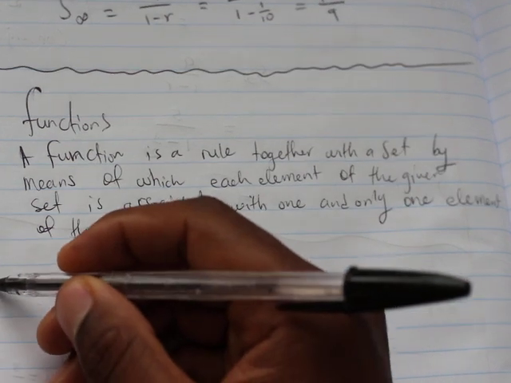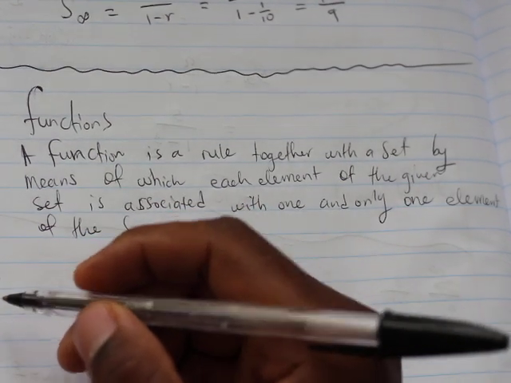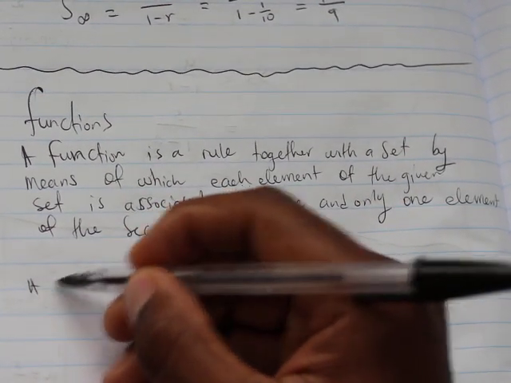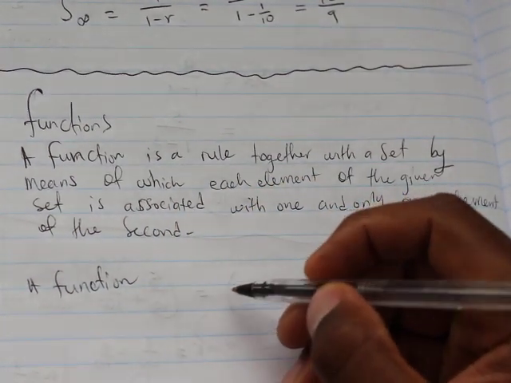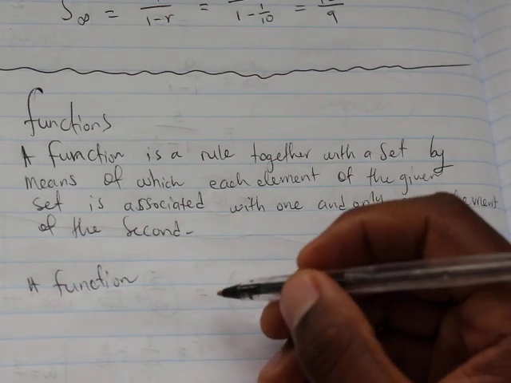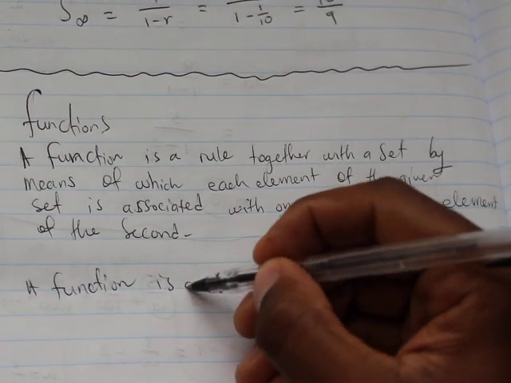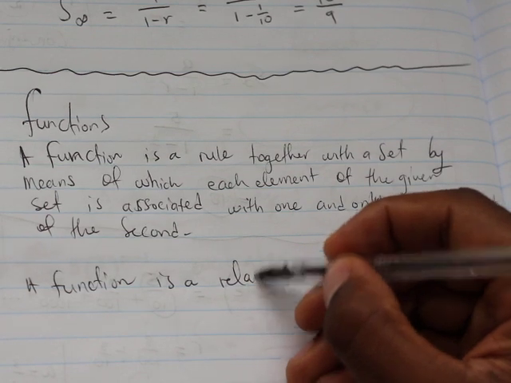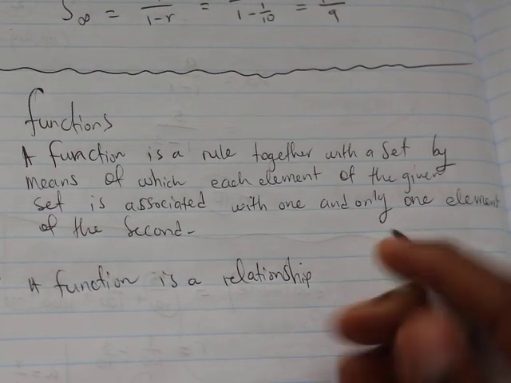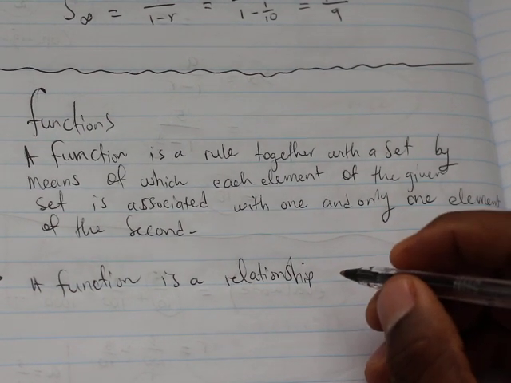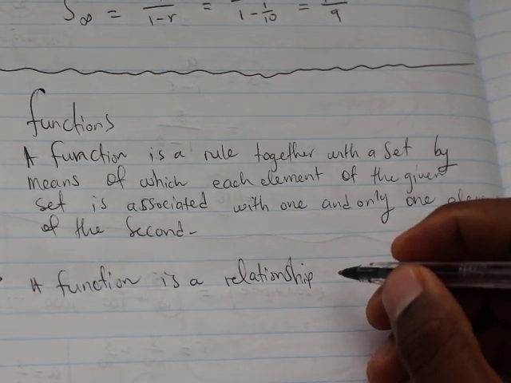In fact, the definition that I meant to write down is this one. Alright, a function. This is the one that I actually like. So a function is a relationship, right? This is not too conceptual.